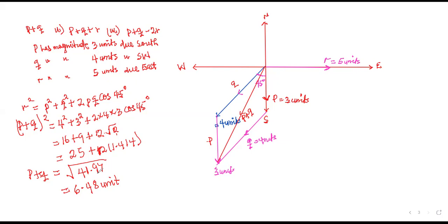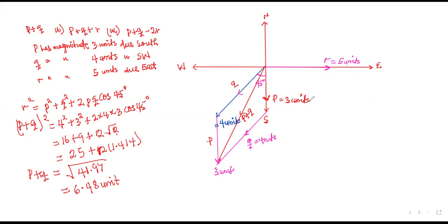Let's quickly do it. So P acts along the negative y-axis. It means it has only a vertical component which is negative and zero horizontal component.